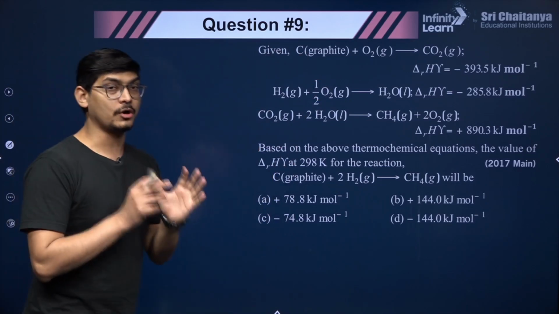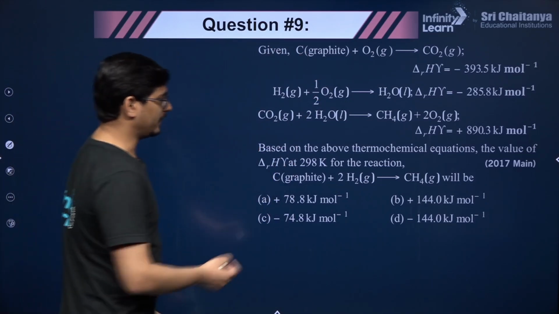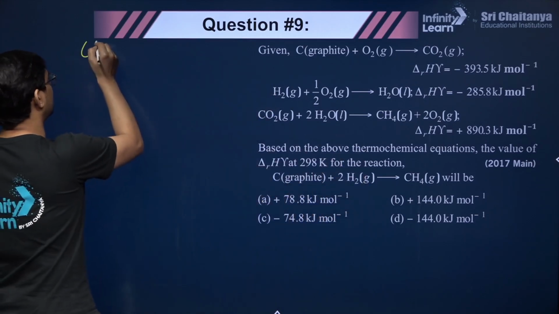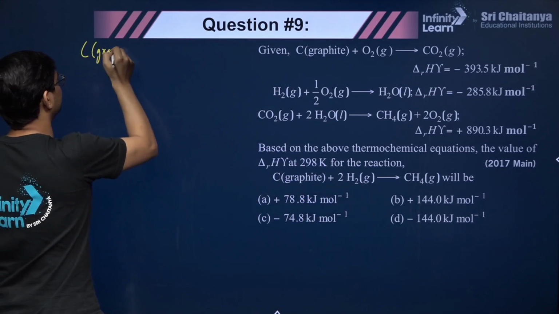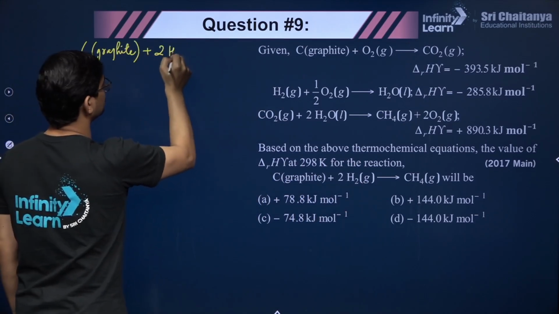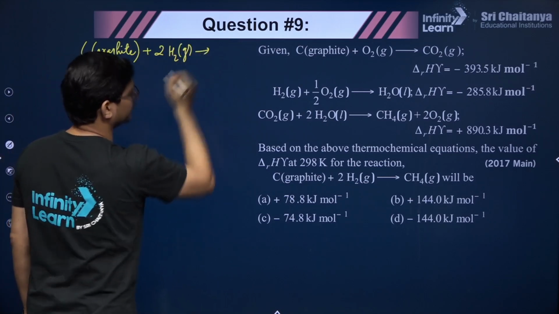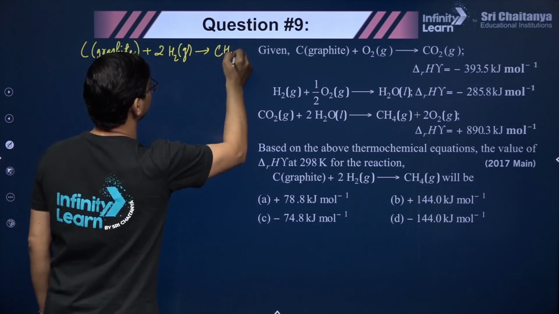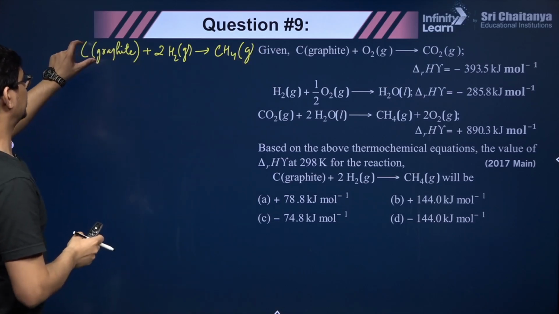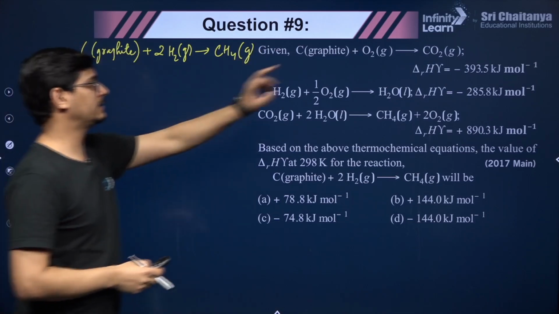Now I will tell you a short way to apply Hess's law. So the value of enthalpy change for this reaction is what they have asked, right? That is carbon as graphite plus 2 hydrogen gas produces CH4 gas. Let us pick the species one by one. Let us first pick carbon graphite. It is in which equation?